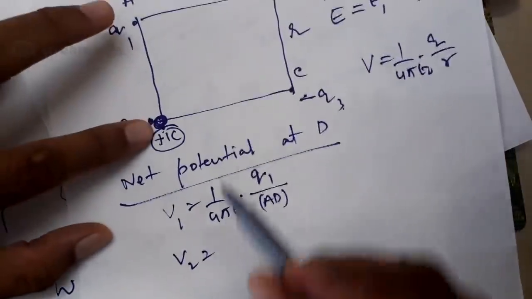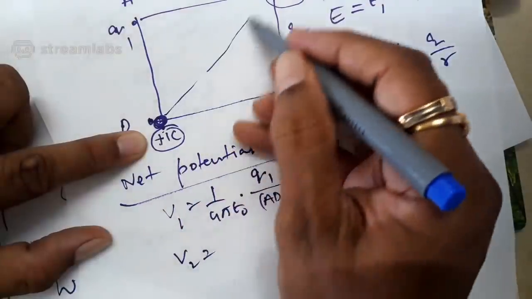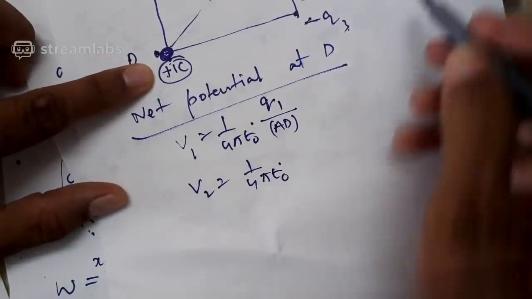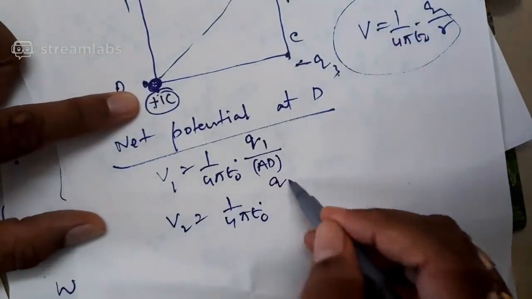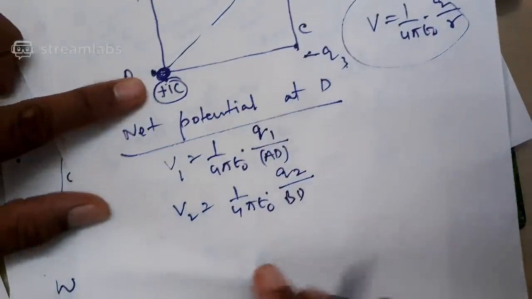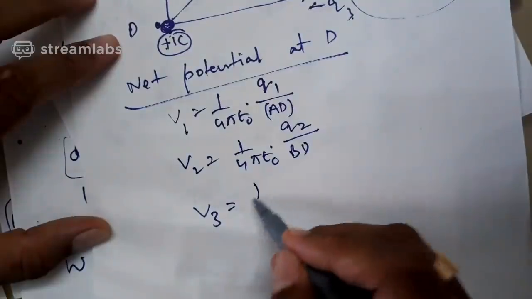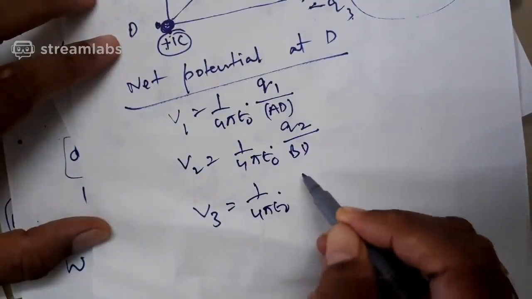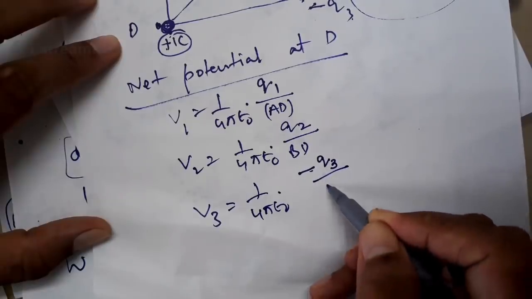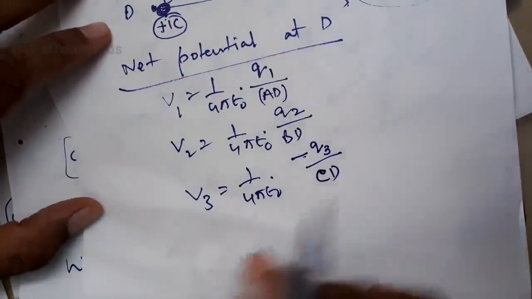V2 is the potential at point D due to the charge at B: 1 by 4 pi epsilon naught into Q2 divided by R. What is R? BD. Next, the third charge contributing potential at D is minus Q3. 1 by 4 pi epsilon naught into, now you should be careful, I should include the nature of the charge, negative Q3 by CD.